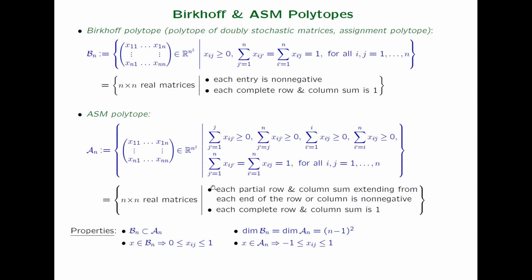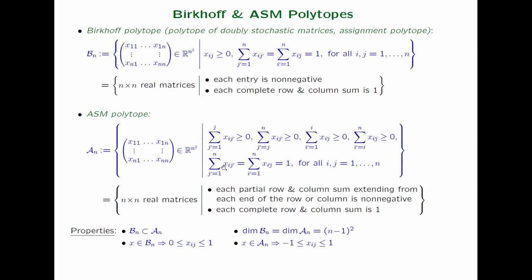The ASM polytope, we saw this statement down here as the definition: partial row and column sums are non-negative, complete row and column sums are 1. So you've effectively got these 4 partial sums here from the left and right and the top and bottom of each row and column.